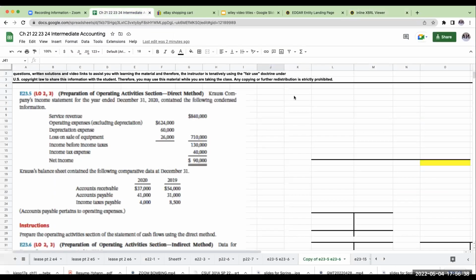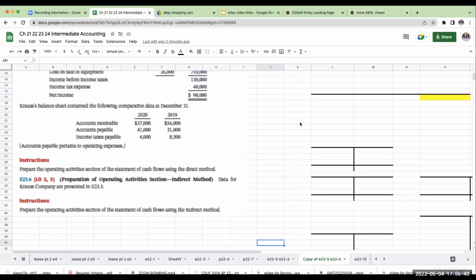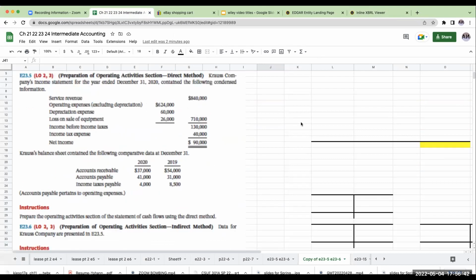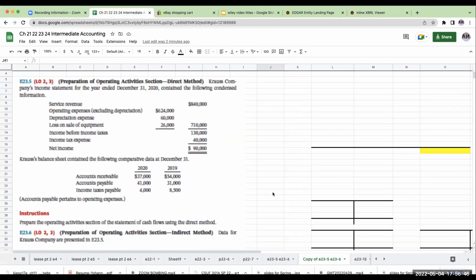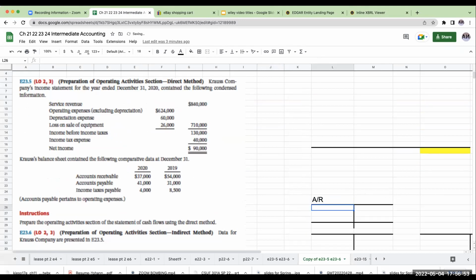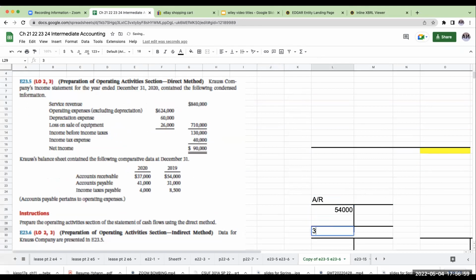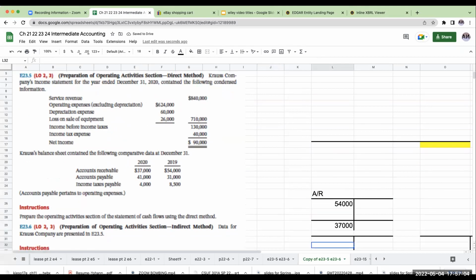So when we do these questions, I like to do the indirect method first. Let's go ahead and do that. What we do is first set up our T accounts. Over here, accounts receivable in 2019 had a balance of 54,000, and a balance of 37,000 at the end of 2020.